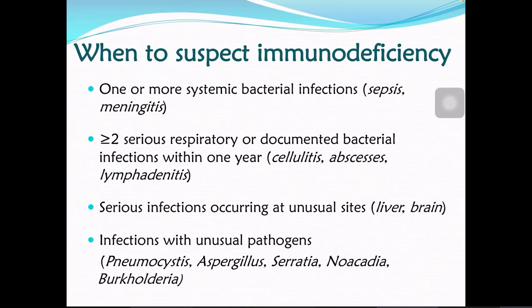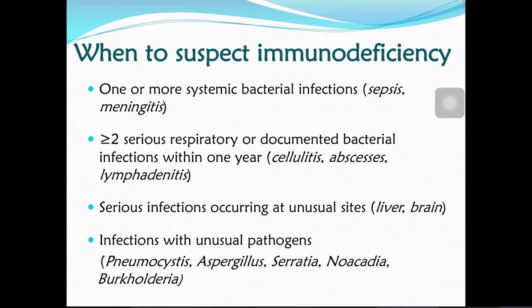If you see serious infections occurring in unusual sites, say you have a patient coming with a liver abscess, or they're coming with recurrent abscesses involving liver and brain. We don't usually see such patients. So, serious infections occurring in unusual sites, and also infections with unusual pathogens.